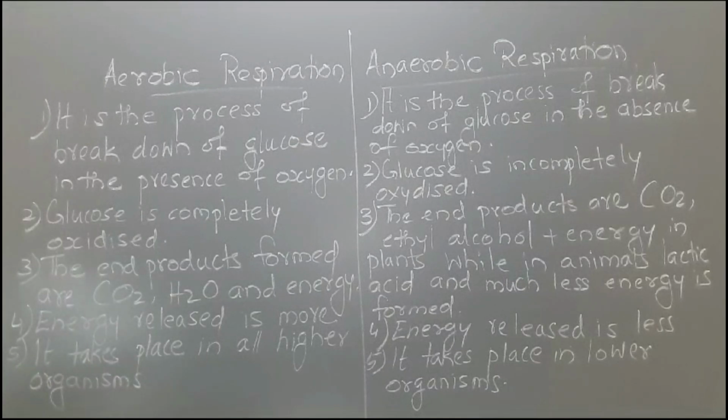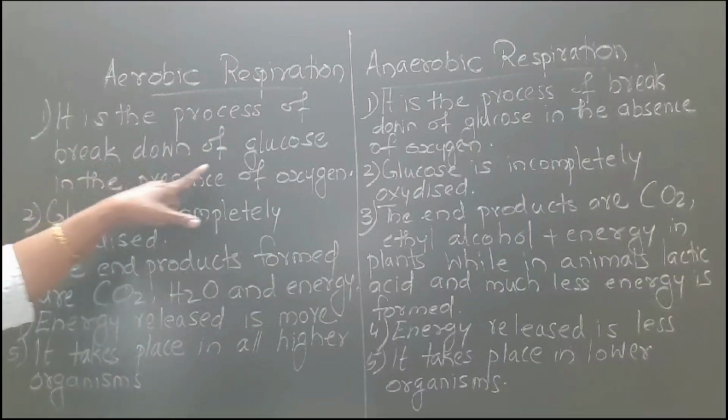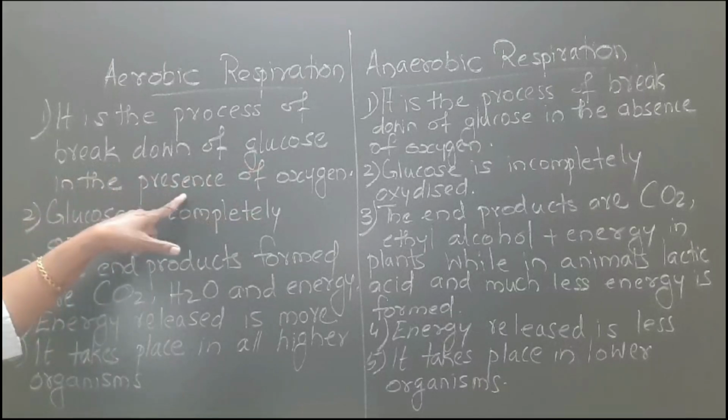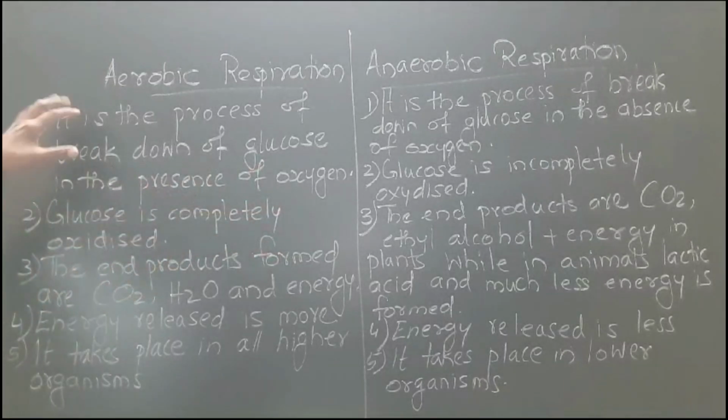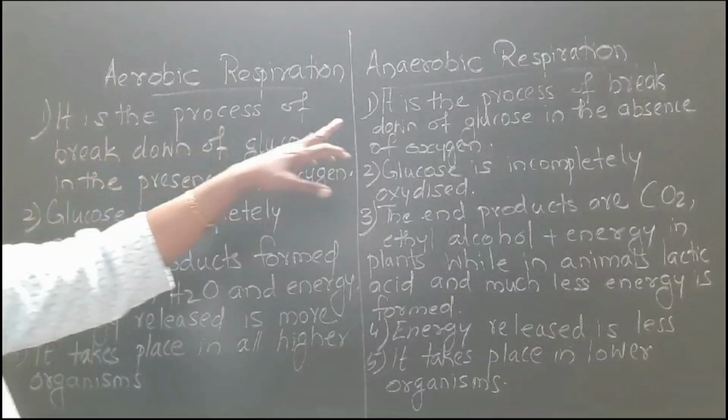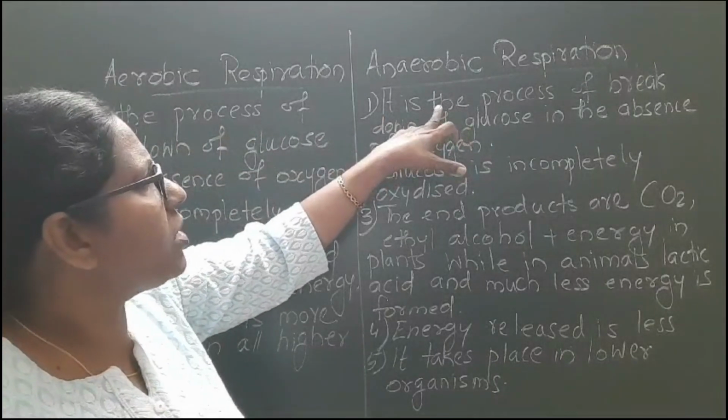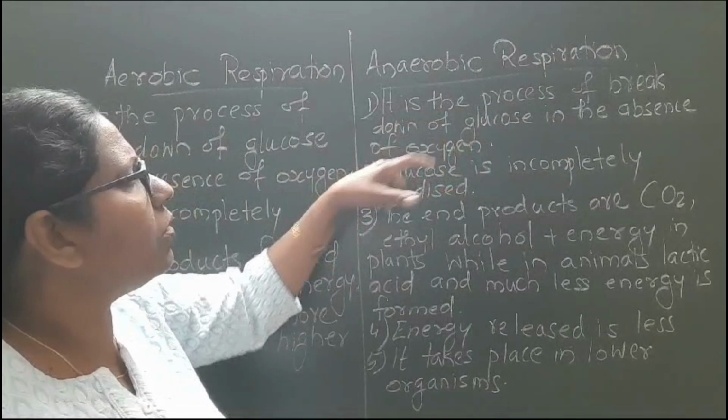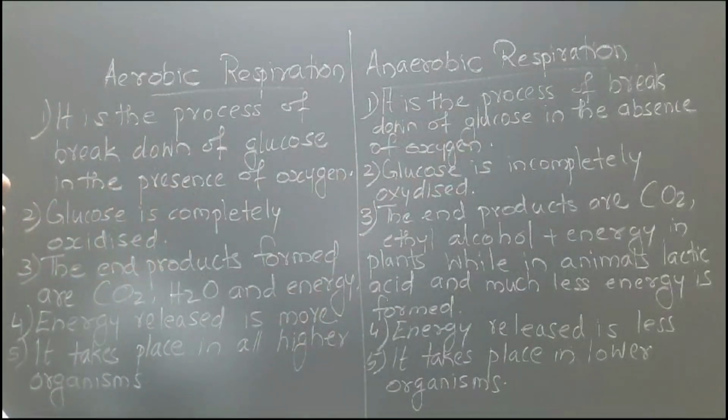Now let's see the difference between aerobic respiration and anaerobic respiration. Aerobic respiration is the process of breakdown of glucose in the presence of oxygen. Anaerobic respiration is the process of breakdown of glucose in the absence of oxygen.